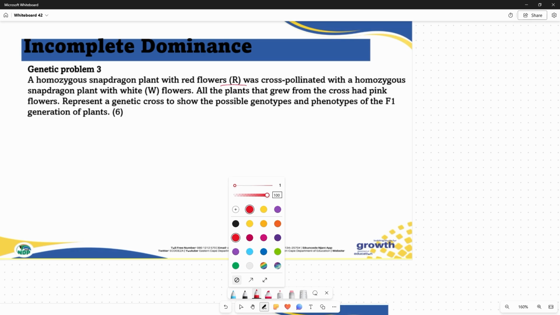We have got a capital letter R with a capital letter W. We no longer have a capital letter and a small letter. It is because this is incomplete dominance. So it means neither of the alleles is dominant. So we'll no longer be seeing in examples of incomplete dominance a small letter and a capital letter, because the one represents recessive and the other one dominant. Now neither one is dominant, so we'll represent both of them in uppercase letters.